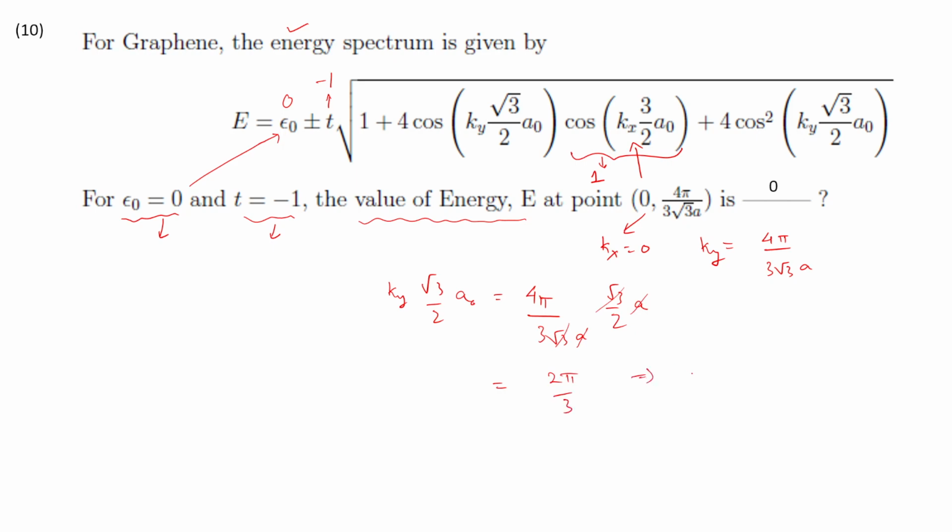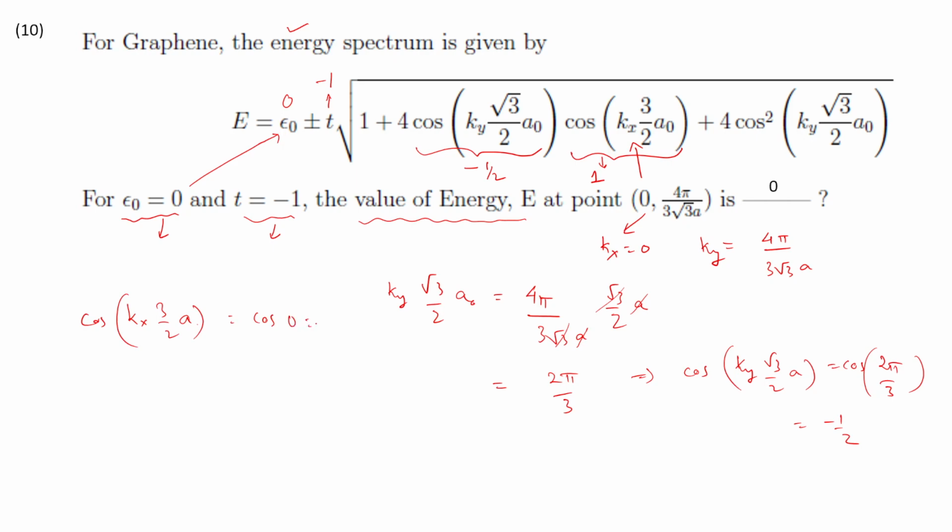And we know that cos of ky root 3 by 2a will be cos 2 pi by 3, and cos 2 pi by 3 is minus 1 by 2. Now, cos of kx 3 by 2a, kx is equal to 0, so cos 0 is equal to 1.